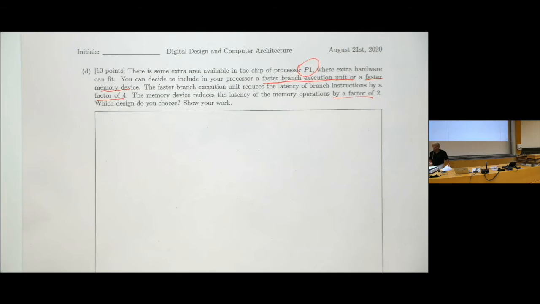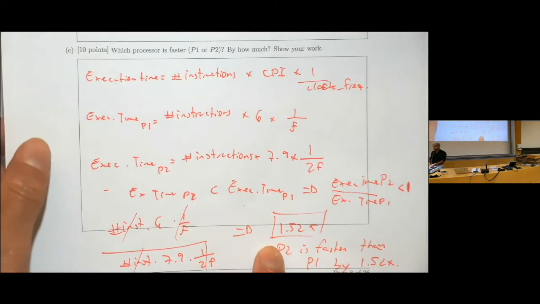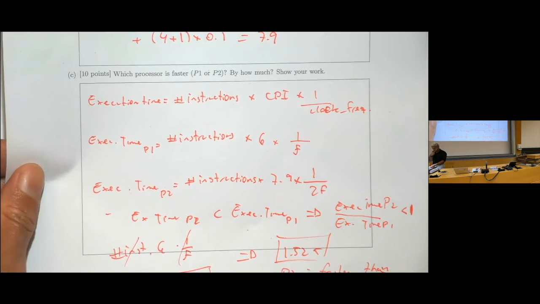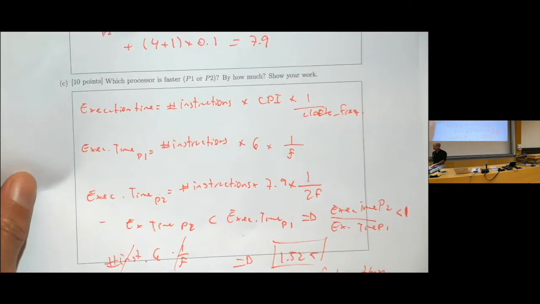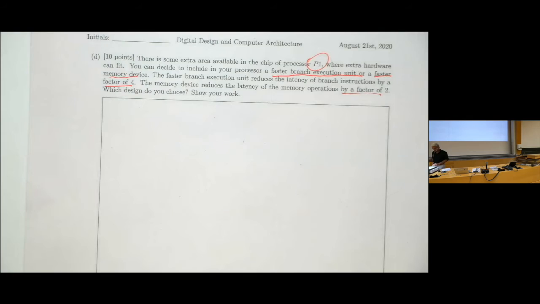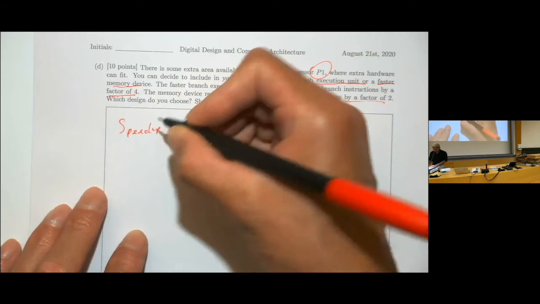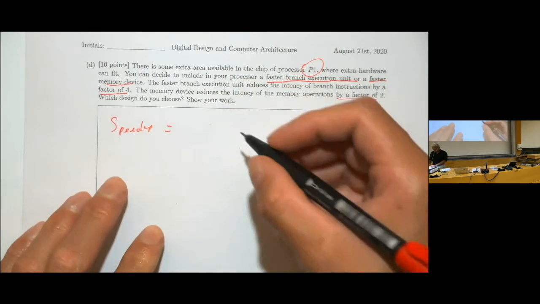You can use the same equation here again of the execution time and calculate for the branch and for the memory device again, but it's more cumbersome. There is Amdahl's law that we learned in, I think it was lecture 20.